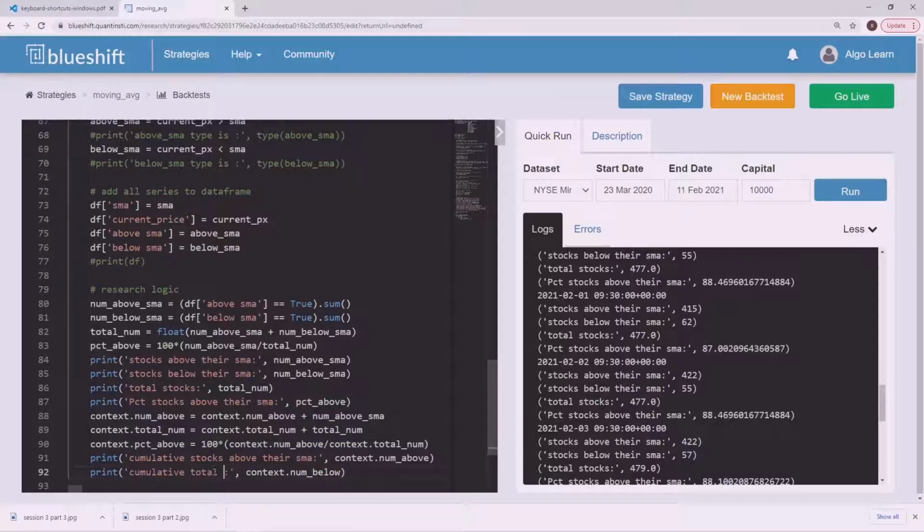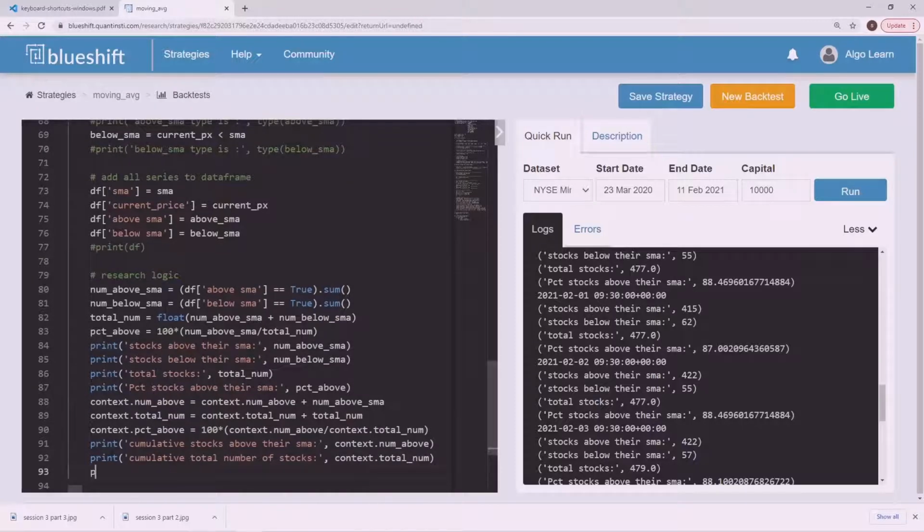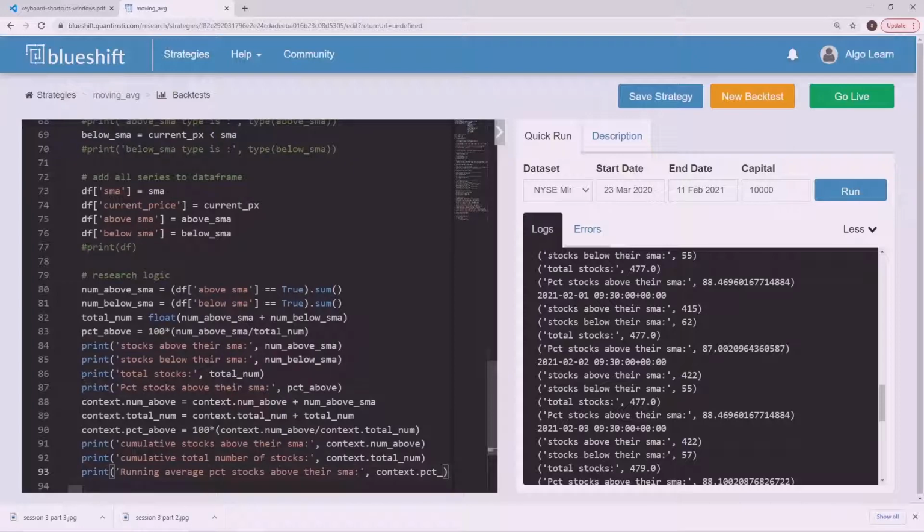Cumulative total number of stocks, that's what I was looking for. Sorry to make you type a little bit more if you're typing along. There's our running total. And then we're going to do running average percent of stocks above their SMA, 200 moving day average. And that's going to be context dot percent above.